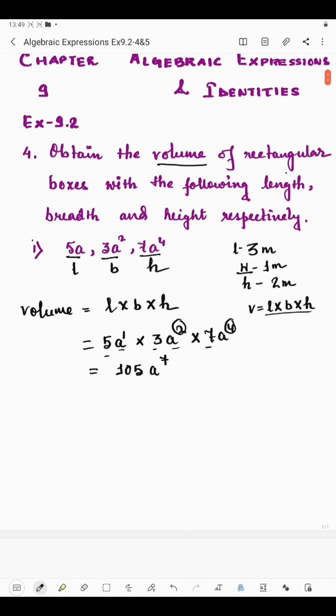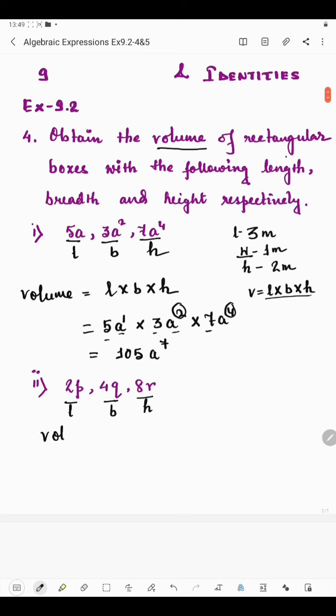Now coming to the second part. In the second part we have 2p, 4q and 8r. The first one is length, the second is breadth and the third is height. So to get the volume we need to multiply length into breadth into height. So it is 2p multiplied by 4q multiplied by 8r.